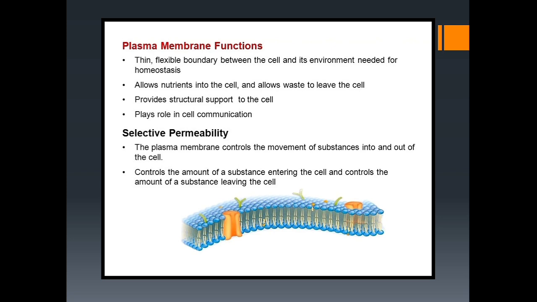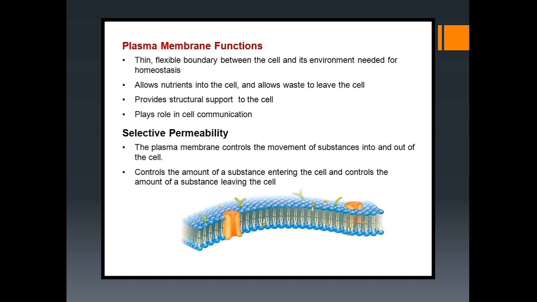The plasma membrane allows some of the nutrients to pass inside the cell and allows waste to leave the cell, and some of the waste products created by a cell can be expelled out through the plasma membrane. That is the function it can perform well. It also provides structural support to the cell, as the plasma membrane, that is the cell membrane, has a boundary-like structure which helps to maintain the cell.